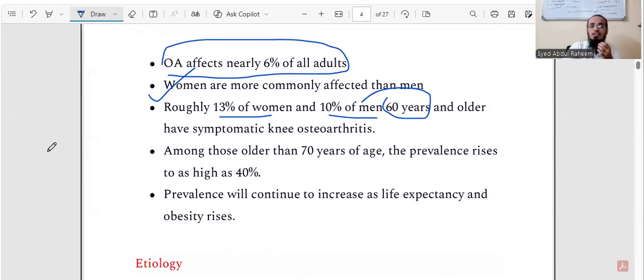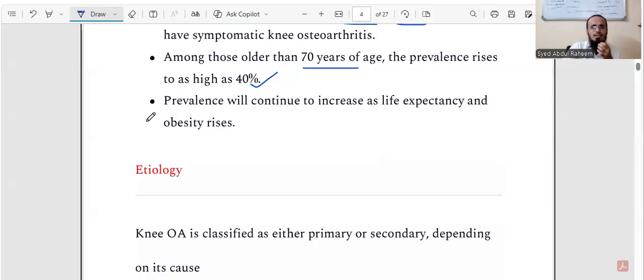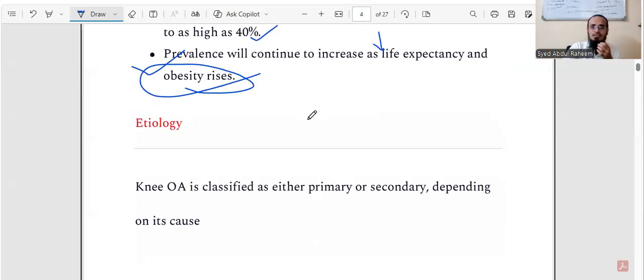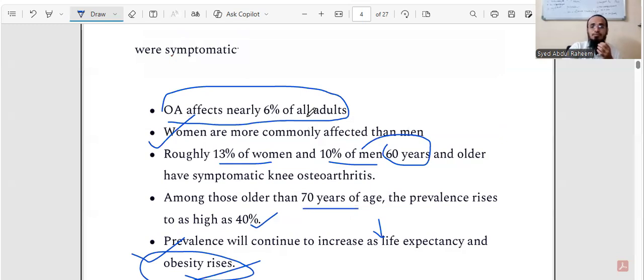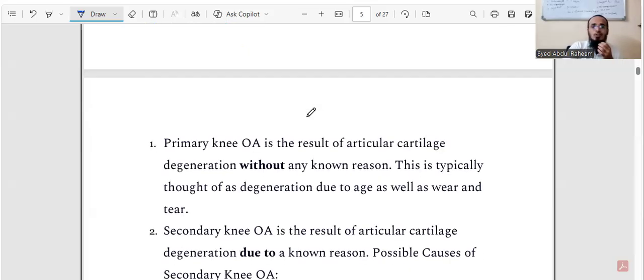After 60 years, they will get osteoarthritis. At 70 years, 40% have a high risk of getting osteoarthritis, and they have life expectancy problems, and obesity rises. These are the conditions that will affect osteoarthritis.